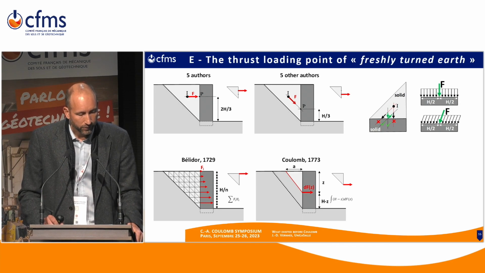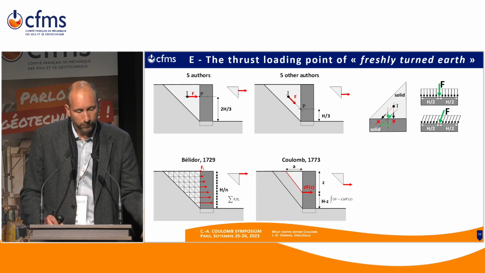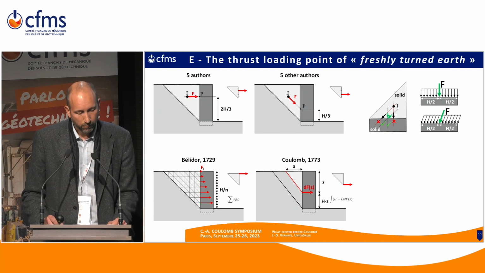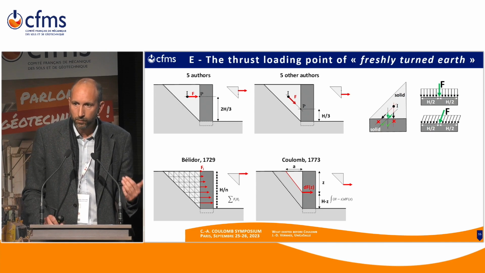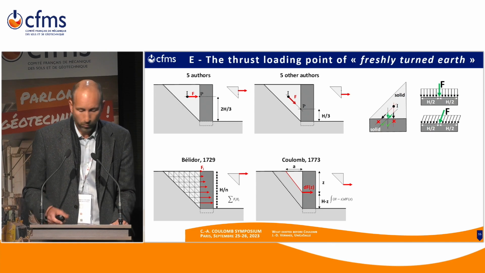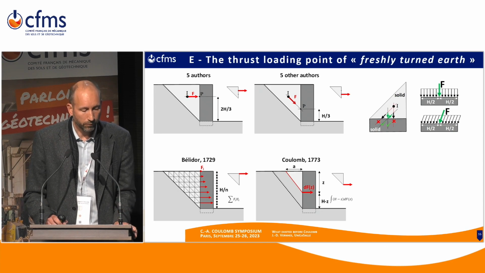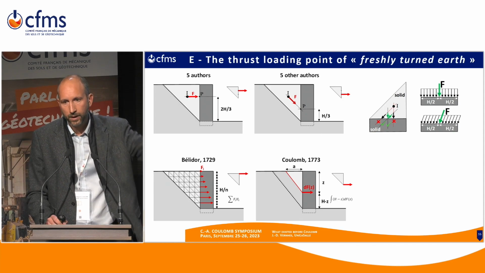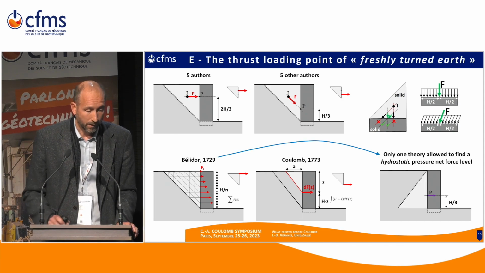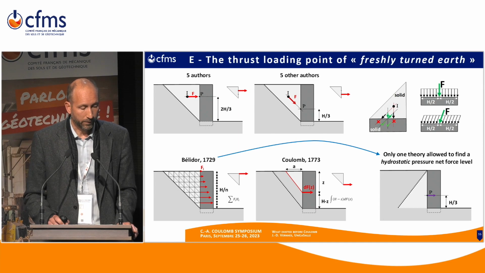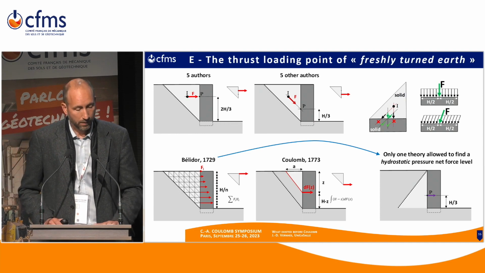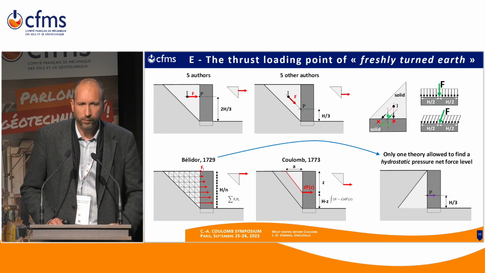But what is very strange in the case of Coulomb is that he decided to put the unity, the force at the bottom of the moving wedge, and as a result concluded the overall lever arm to be 2/3 high up the wall, which is not correct if you consider that the way the ground pushes on the wall is a sort of hydrostatic type, again, when you have cohesionless soils.